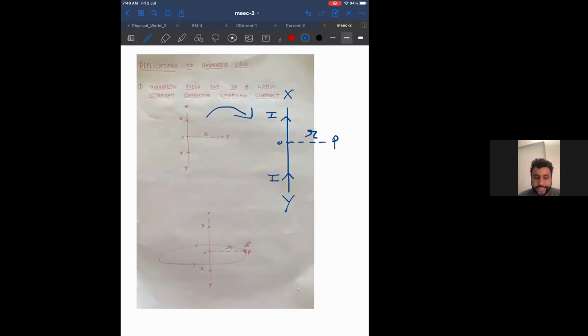Now, what is our agenda? Our agenda is to find the magnetic field at P. And what is the speciality of P? P is a point which is placed next to a long straight conductor carrying current.